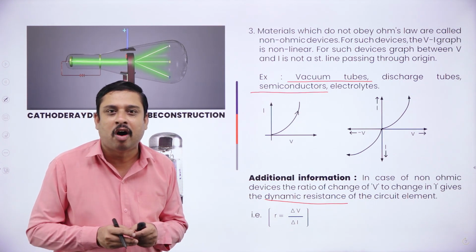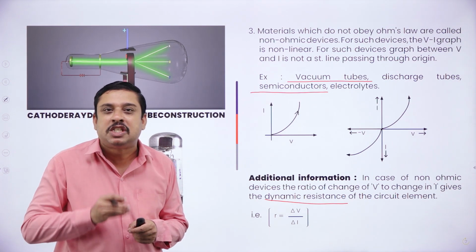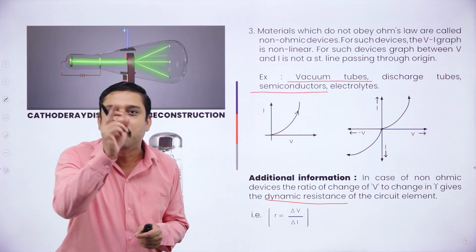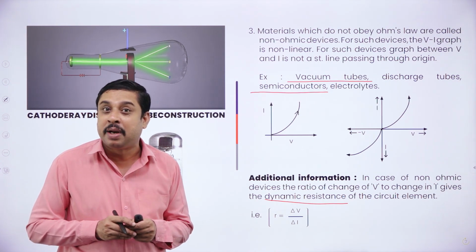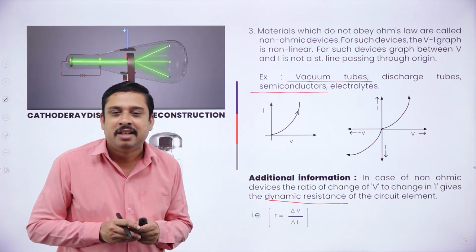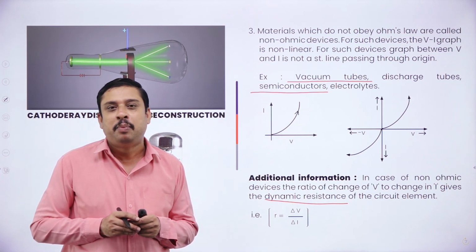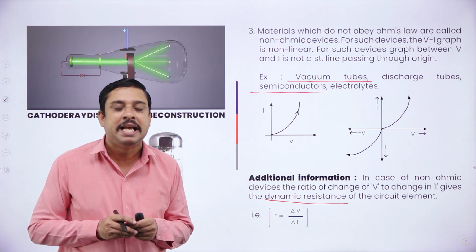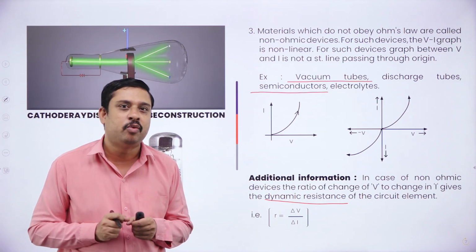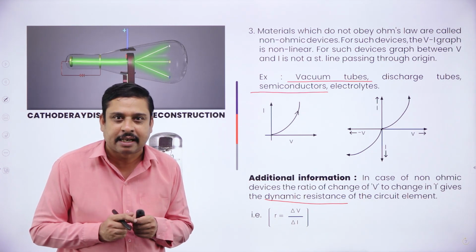Limitations of Ohm's law. We studied examples for ohmic devices, non-ohmic devices, and I pretty much expect that you do the book work. Please do practice. Please do have hard work. It will lead to success.